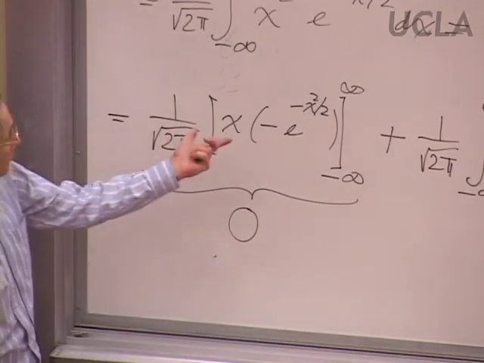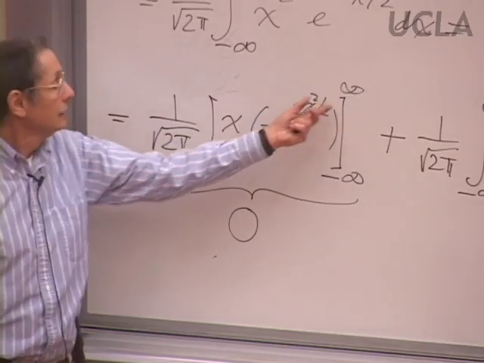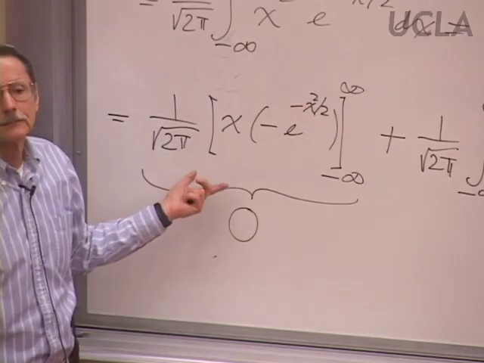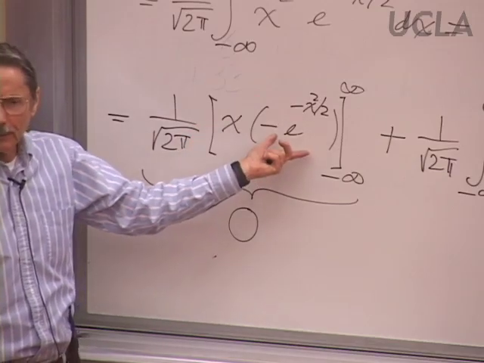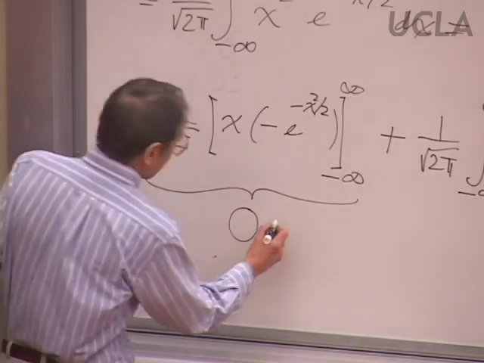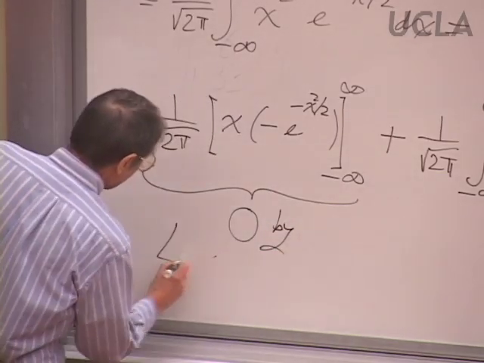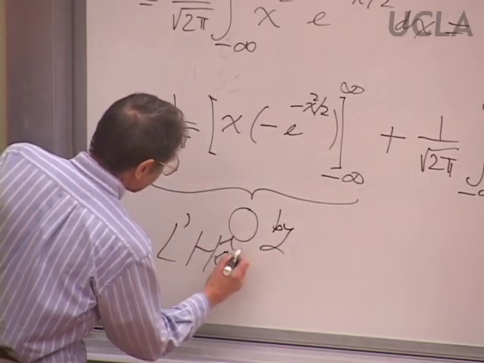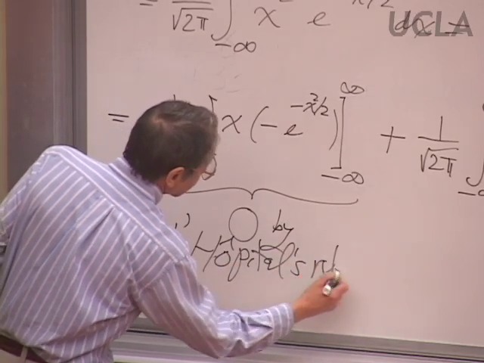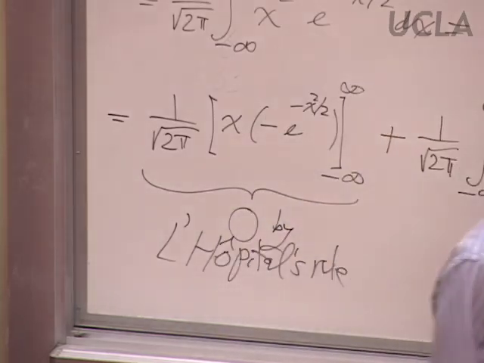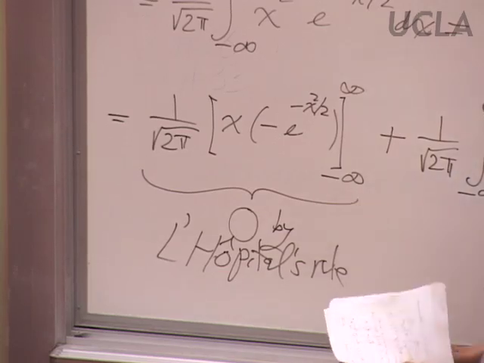This first thing is 0. If you plug in infinity, so to speak, we get infinity times 0. Well, that's an indeterminate form, but we know what to do. We apply L'Hopital's rule again, and we get 0. So, leaving out some fine print there, this much is going to give us 0.